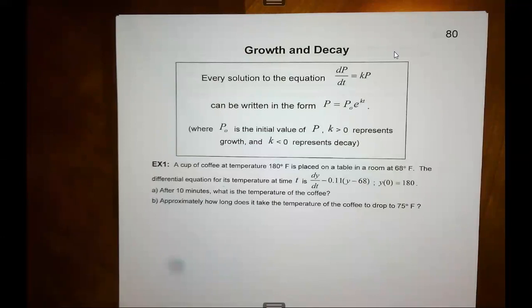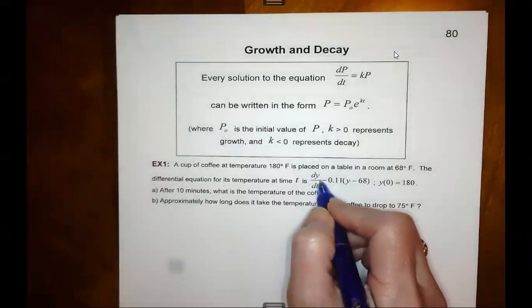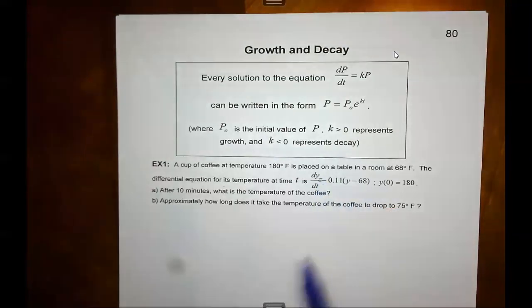So the first part of what we're going to do today, and this is supposed to have an equal sign in here, so you may want to add that in. It's supposed to say that a cup of coffee at a temperature at 180 degrees Fahrenheit is placed on the table at a room at 68 degrees Fahrenheit. The differential equation for its temperature at time t is dy/dt equals negative 0.11 times (y minus 68).